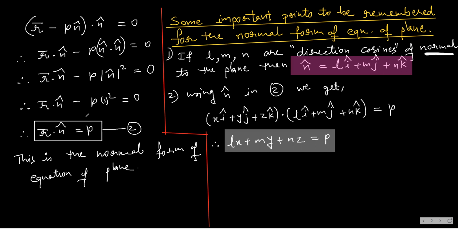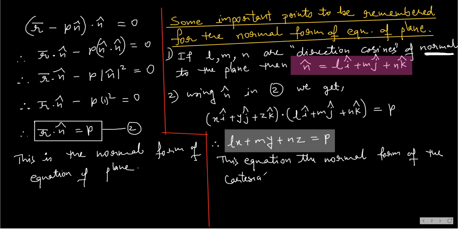So this equation is the normal form of the Cartesian equation of the plane.